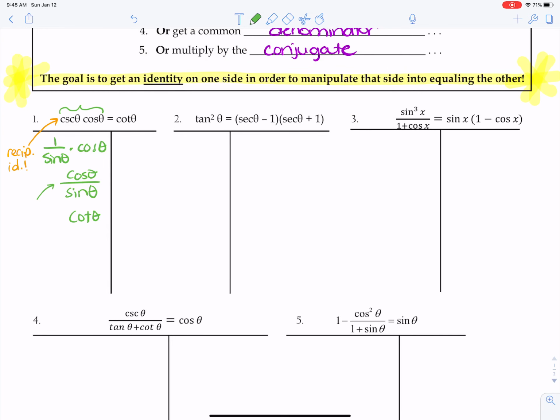Let's change it to orange. That is the quotient identity. And we get what we want. We want the left side equal to the right side. So cotangent theta indeed equals cotangent theta.